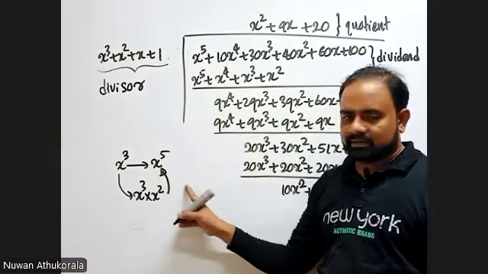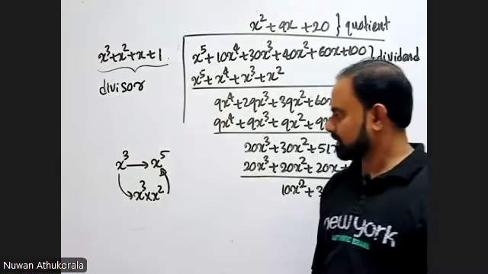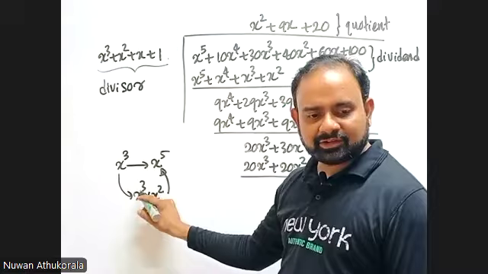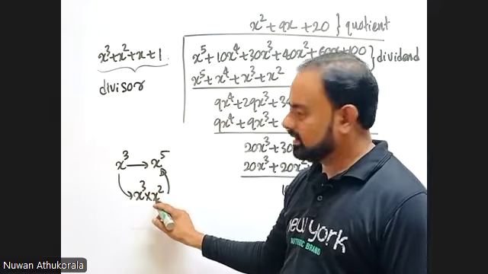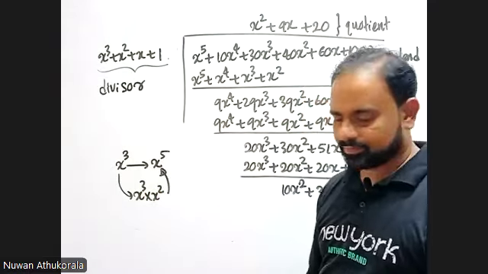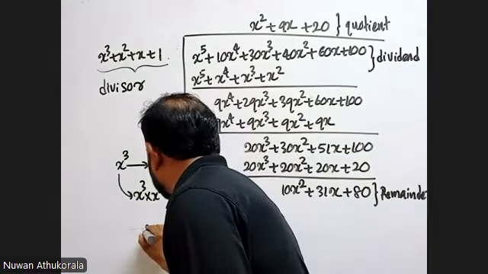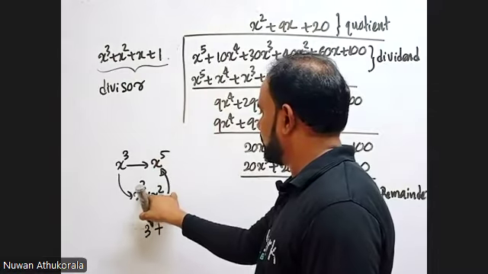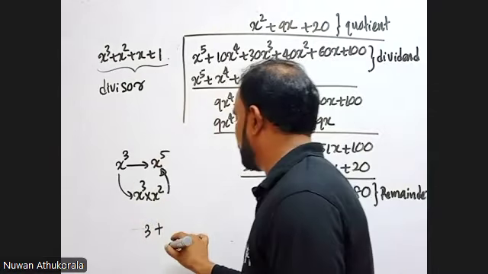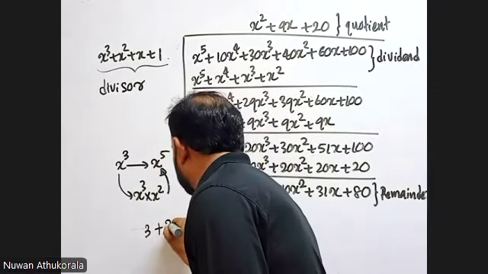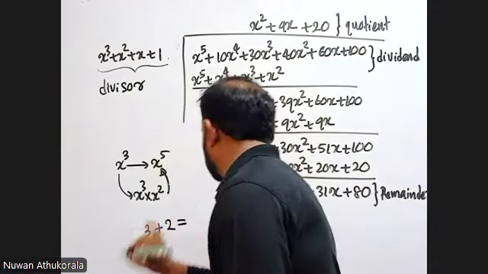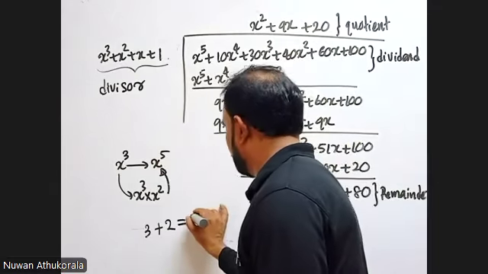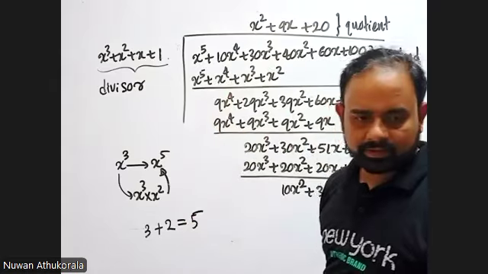Check the indices. When we are multiplying s cube by x squared, answer is s to the power 5. Right. 3 plus 2 becomes 5.